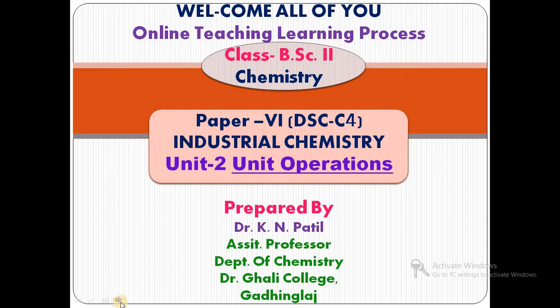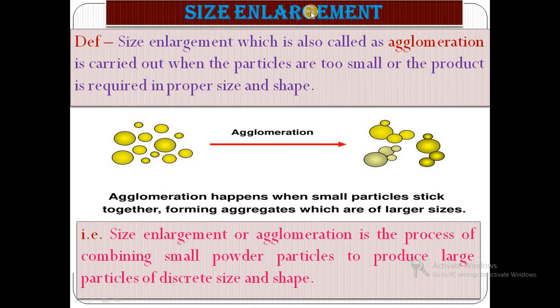The principle of size reduction mainly depends on the compaction technique and the impact technique. An example of compaction is the jaw crusher, and an example of impact is the ball mill technique. In this video we will see the size enlargement technique.